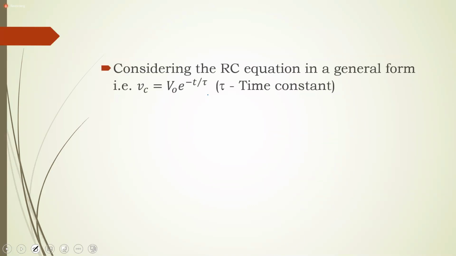Going back to our capacitive circuit, the general form that we had was Vc equal V0 e to the minus t over tau, where of course we had established that tau is a time constant.